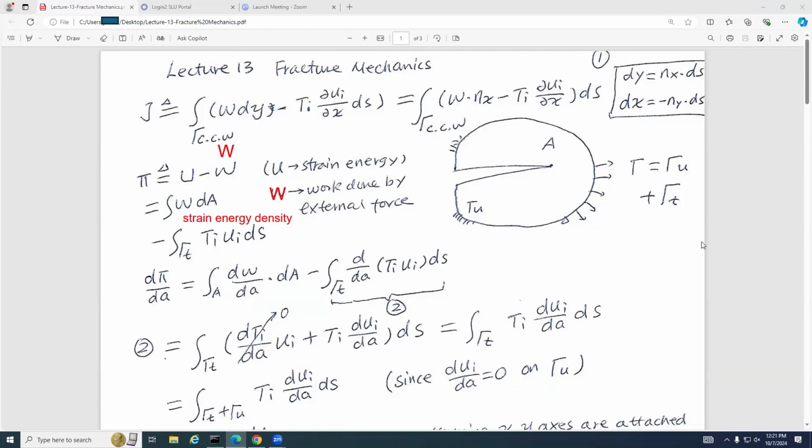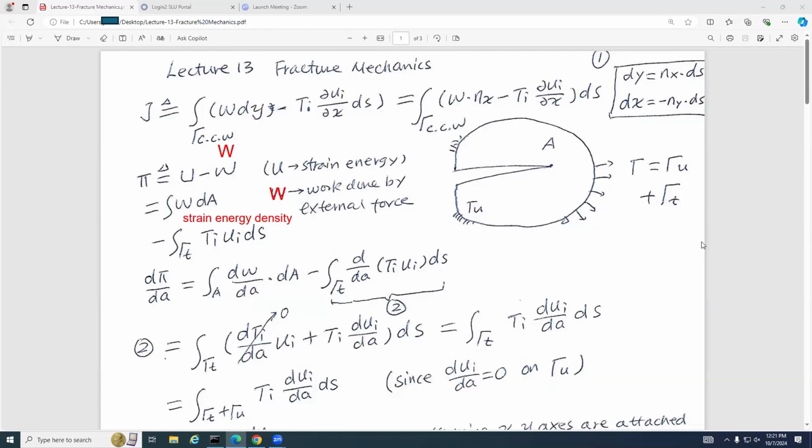Then we learned gamma u and gamma t. Gamma u means that on these parts the essential boundary condition is prescribed, and gamma t means on these parts the traction is prescribed. Traction and the essential boundary condition are two different concepts.